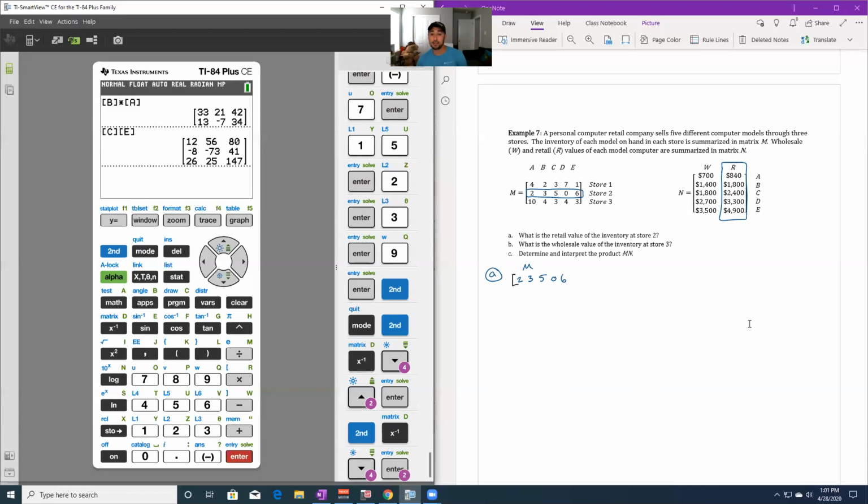And the piece of matrix N that we've taken out is $840, $1,800, $2,400, $3,300, and $4,900.